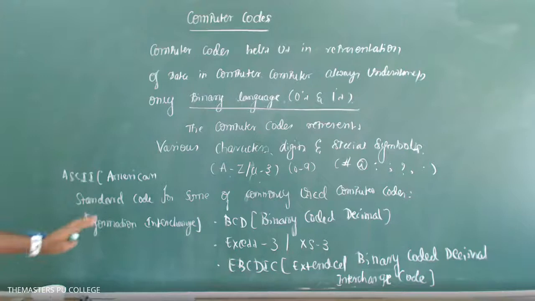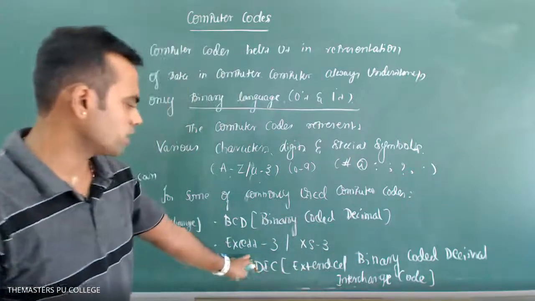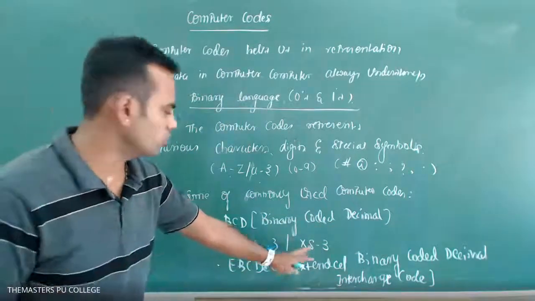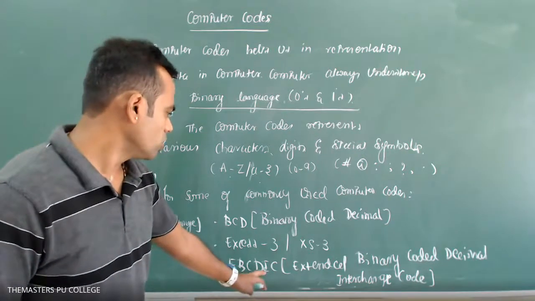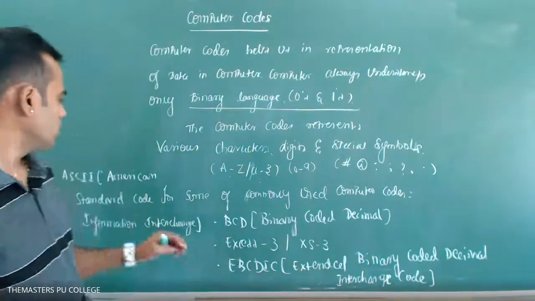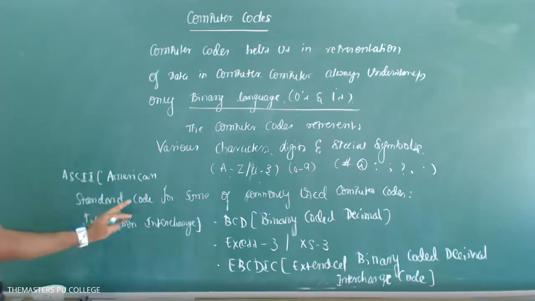American Standard Code for Information Interchange. So BCD, binary coded decimal, XS3, EBCDIC, extended binary coded decimal interchange code, and ASCII, American Standard Code for Information Interchange. These are the four commonly used computer codes.